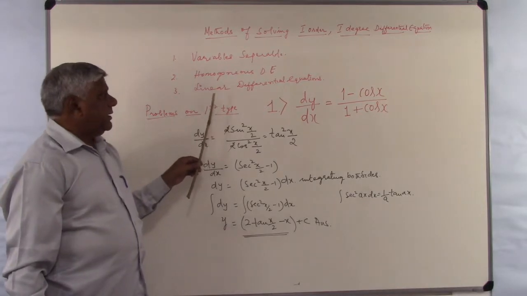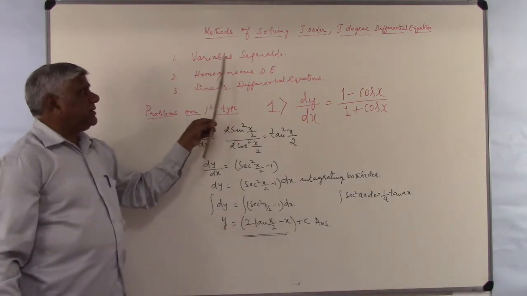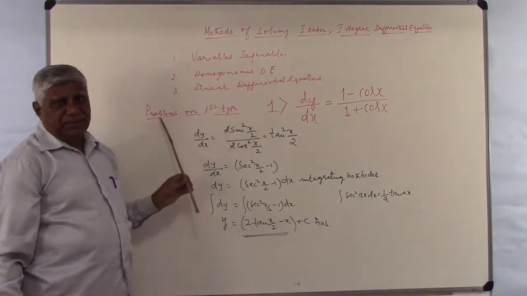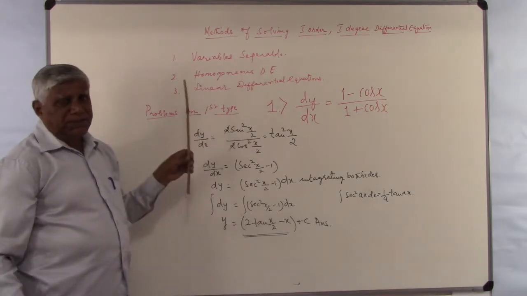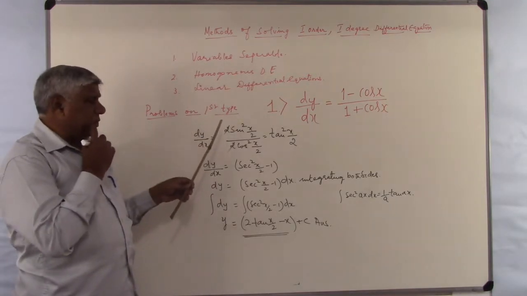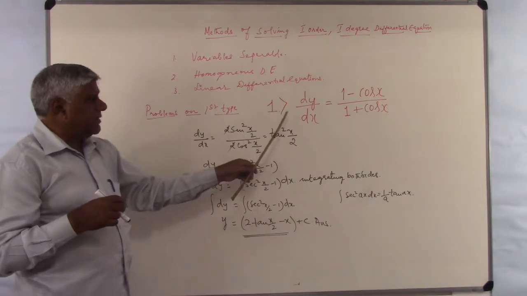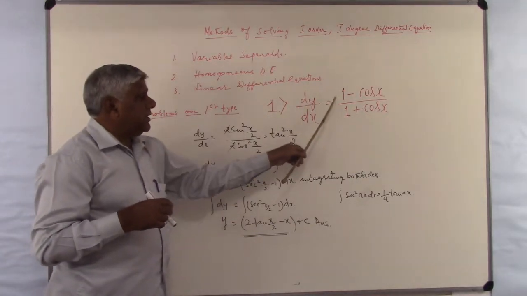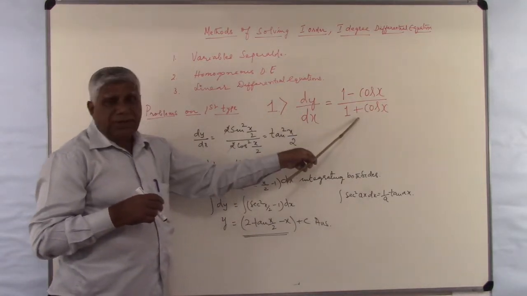Now we are going for the first method, first type, that is the variable separable method. In this method, you can see the problem he has given. dy by dx is equal to 1 minus cos x by 1 plus cos x.